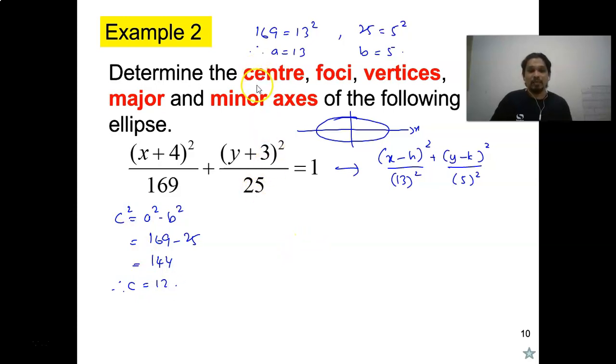So let's list down one by one. The center is (h, k), so from x plus, h equals negative 4, and k equals negative 3. The first one, the foci.